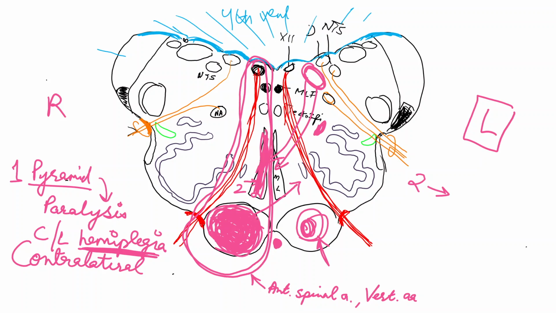Left half of the body. So again we are above the level of decussation. So if above the level of decussation any fiber is affected, then contralateral part of body will be affected. However, if the lesion had happened at the level of spinal cord, if the fasciculus gracilis or cuneatus were affected, then the ipsilateral half of body will be affected, because then we are below the level of decussation.